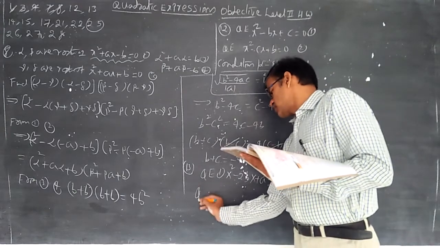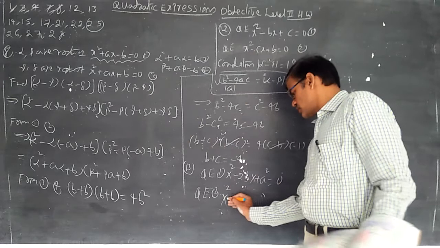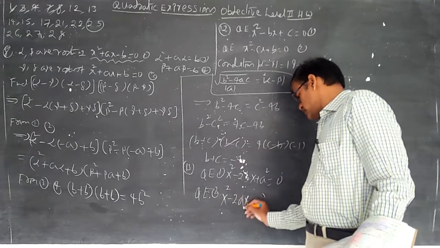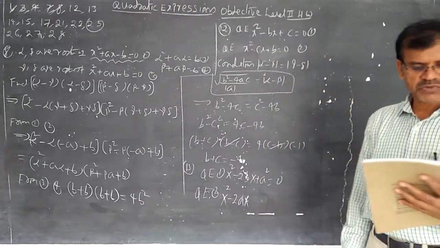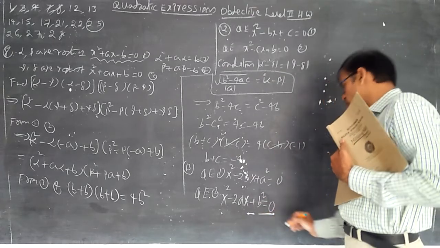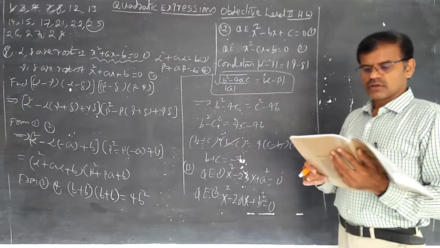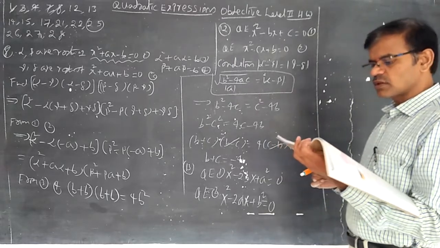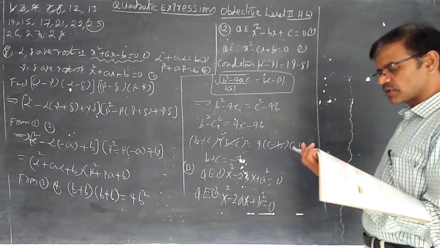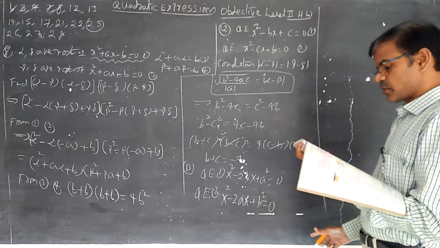Another equation, QE2. What is that equation 2? x square minus 2ax plus b square is equal to 0. Now you can understand which one of the following means of roots of the equation is the AM of this one.